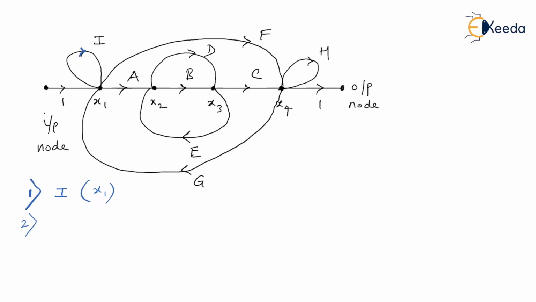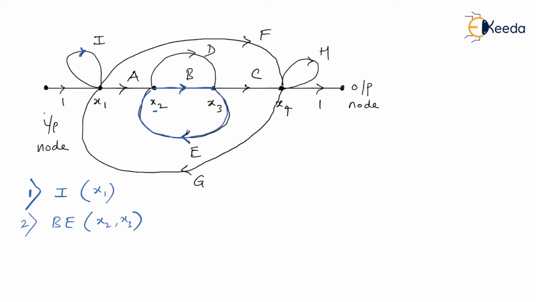Let's look at the second loop. If you see this B, and then with E you can get back to the same node. So it is involving nodes x2, x3, and then getting back to x2. So the gain is BE. This is called the loop gain, and it is involving two nodes, that is x2 and x3. Of course it is getting back to x2, but you need not mention x2 again.